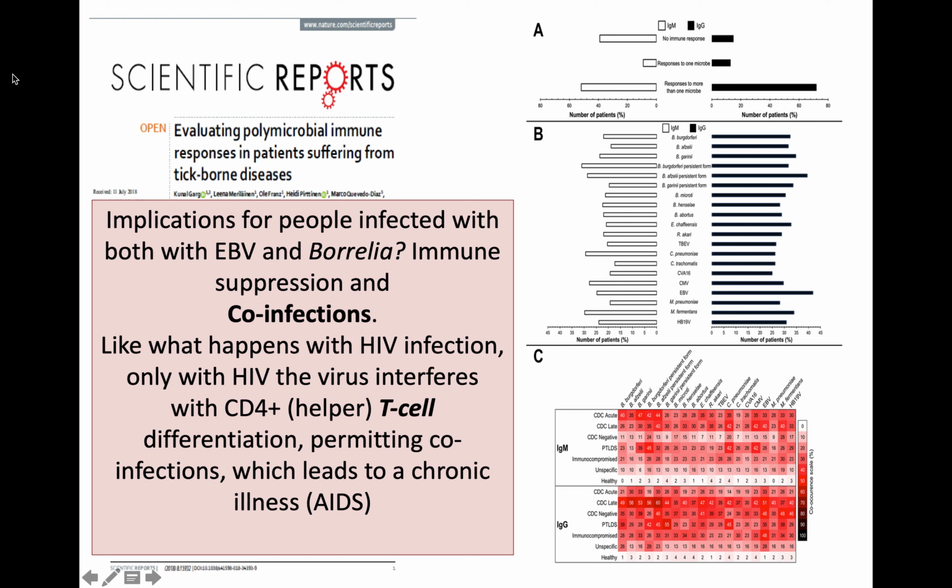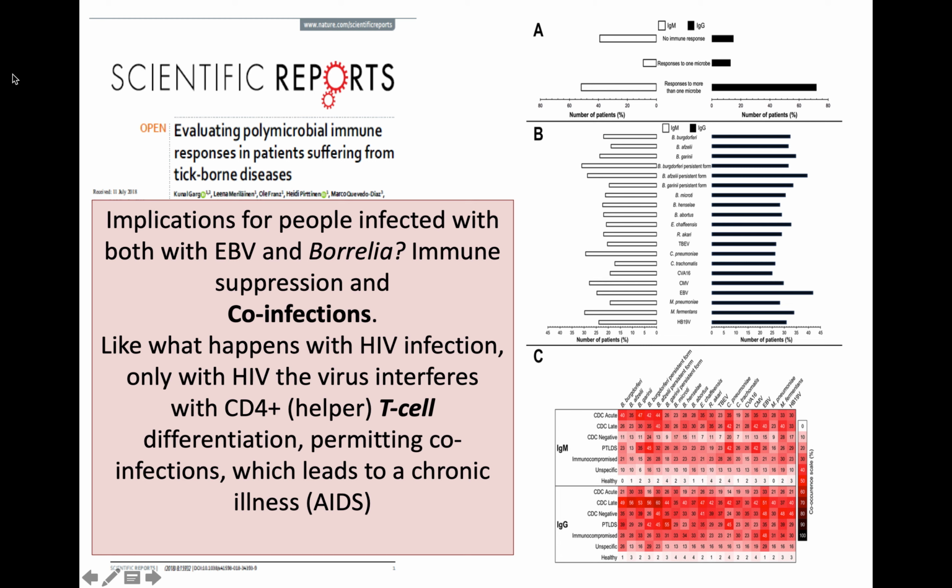So we've got the Epstein-Barr and the Borrelia in co-infections. If we've got both in the co-infections, they may even get to the point where they are suppressing all of these type of lymph cells, which will keep them from functioning, and this can lead to many chronic illnesses.